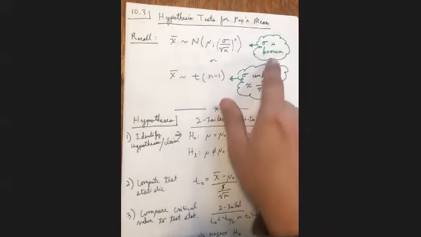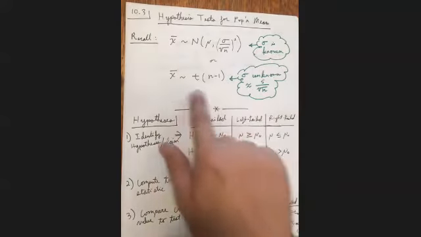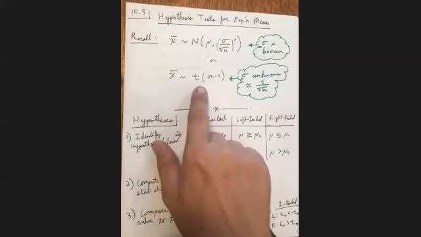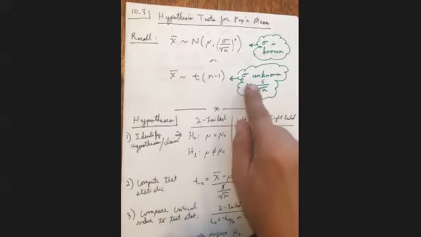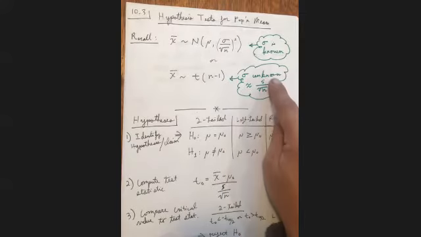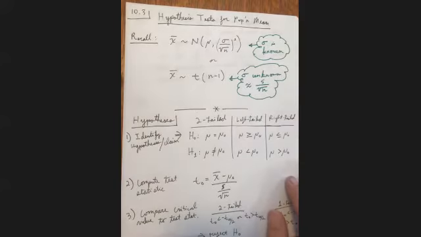So generally speaking, then we're going to be using a t distribution to approximate the distribution of X bar, where since sigma is unknown, we're going to use the sample standard deviation S divided by the square root of n as an estimator for sigma.